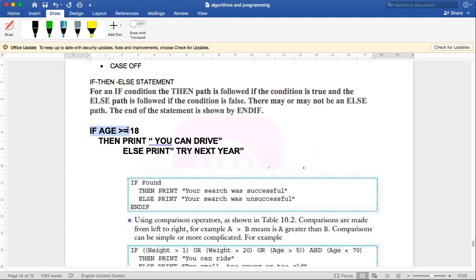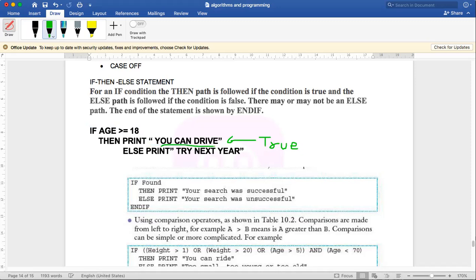You can see in this example, I have given a statement: if age is greater than or equal to 18. So you have two options. If it is true, like if you're 18 or greater than 18, this condition is true, so you can drive.